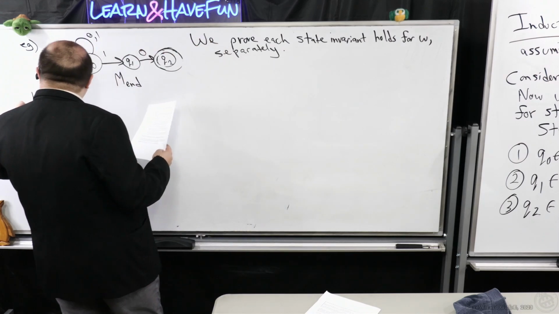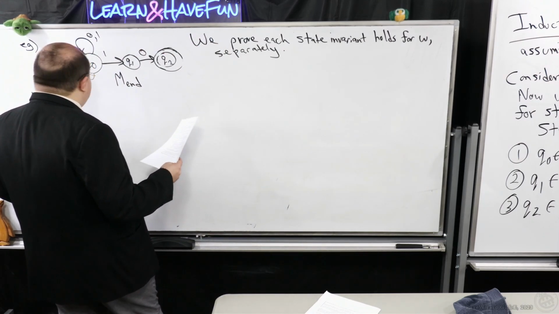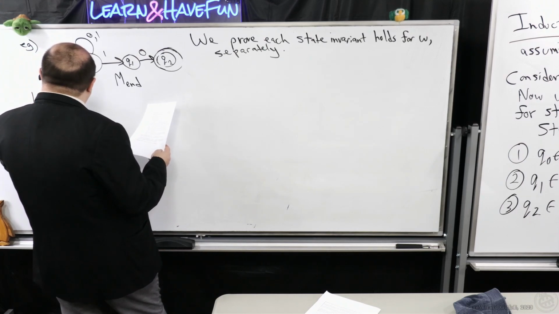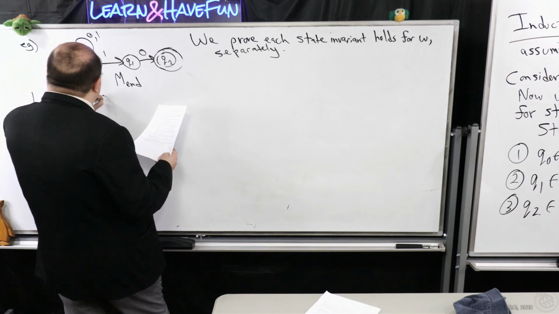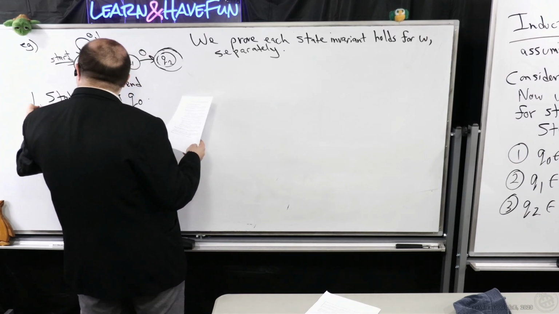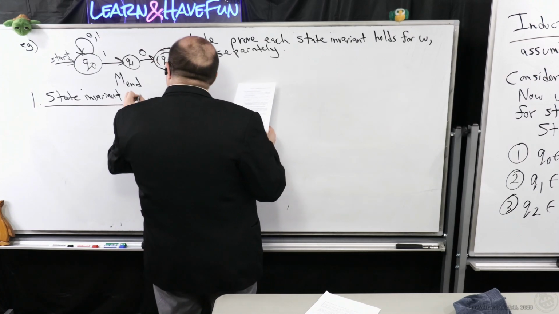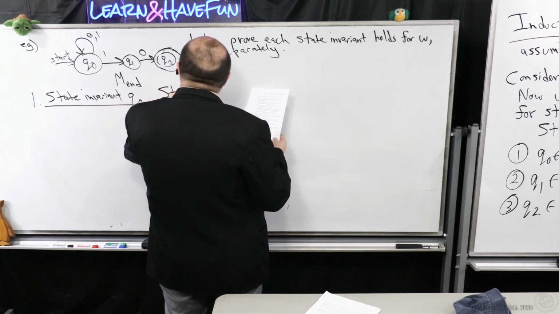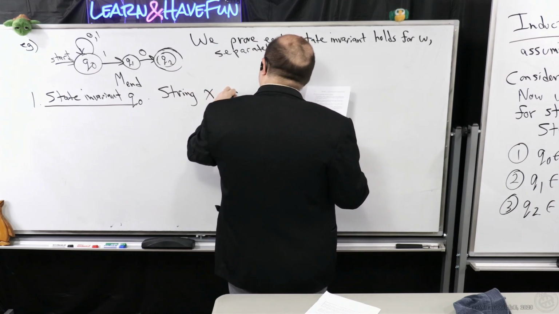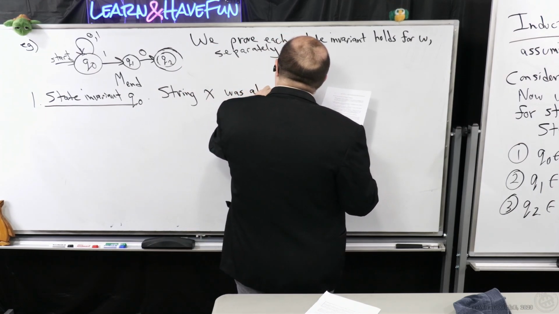So let's start with proving the first invariant. Let's consider the state invariant for Q0. This one's going to be not as interesting. String X was already a binary string, right?